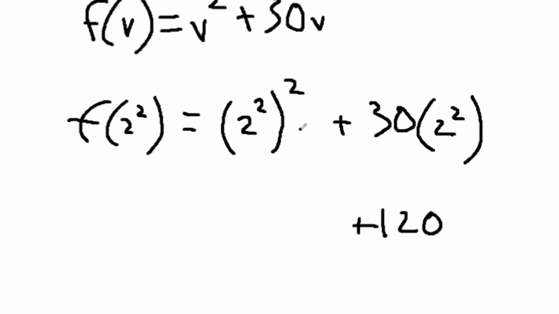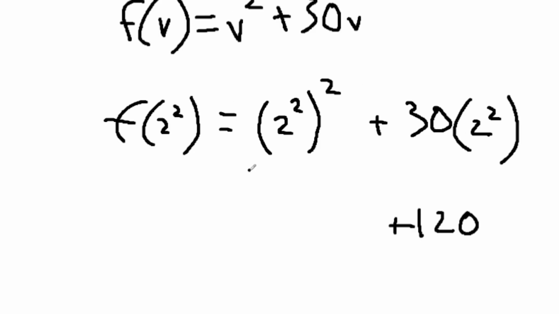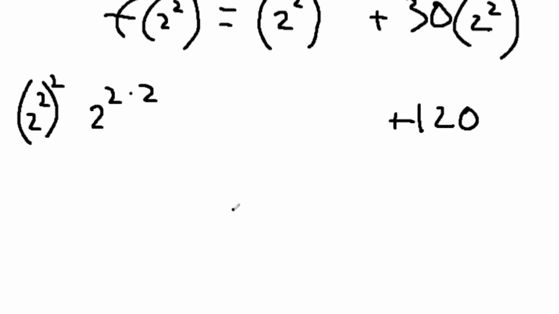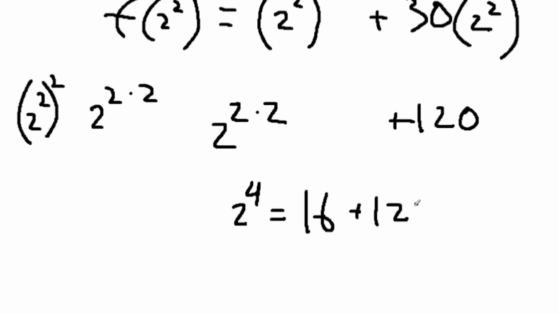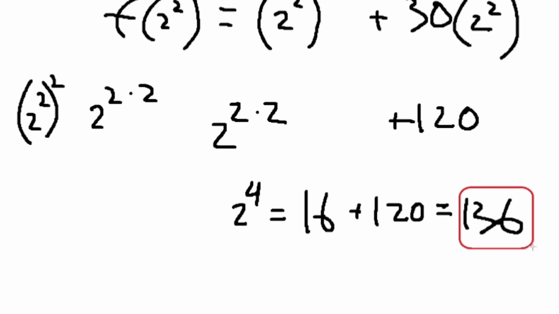Now with the I think it's called the law of exponents. I don't know what it's called. You can do 2 to the 2 to the 2. This is the same thing as 2 to the 2 times 2. So 2 to the 2 times 2 is the same thing as 2 to the 4, which is the same thing as 16. 16 plus 120 is equal to 136, which is our final answer to 69 plus 67.